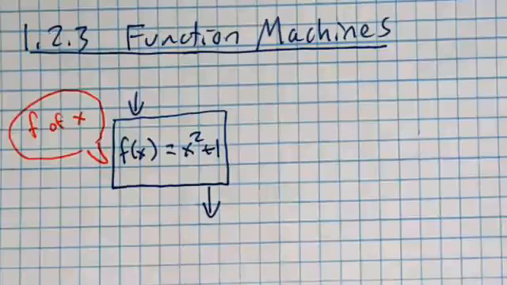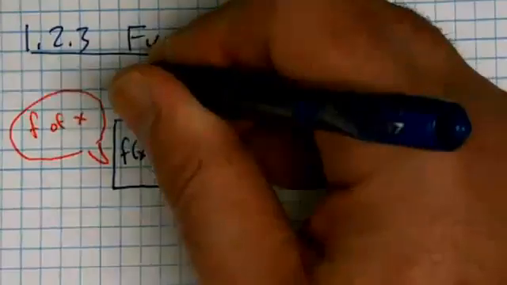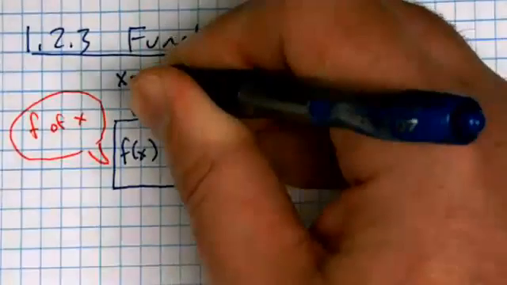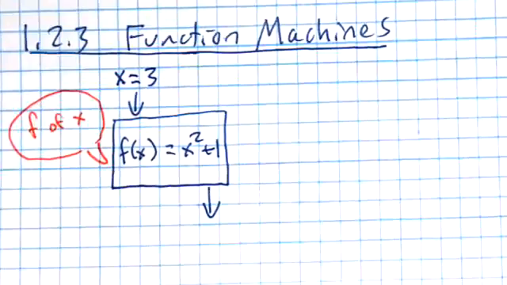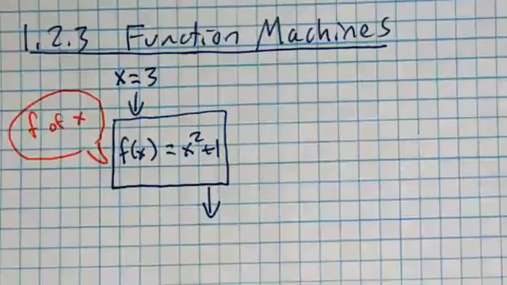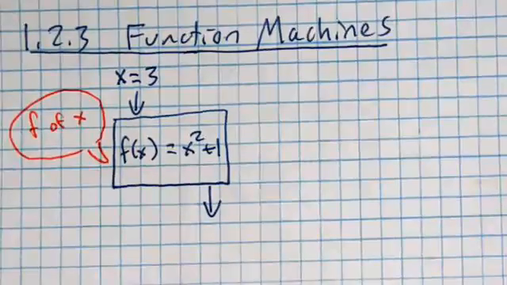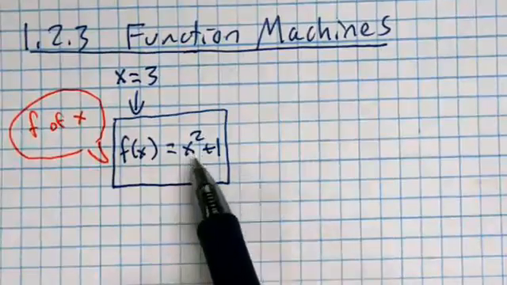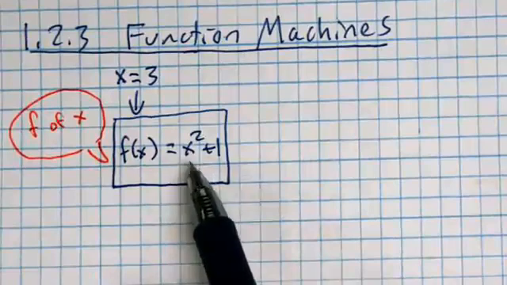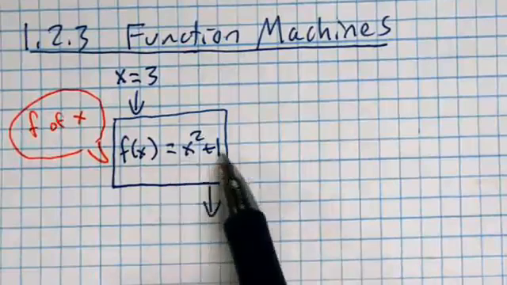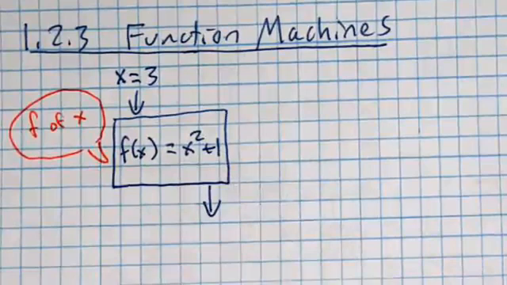All right, and what we're going to put into this machine, let's start pretty simple. Let's put in x equals 3. And let's see what we get out. So I want you to think, and please don't shout out answers. What would happen if you put 3 into this equation, x squared plus 1? If you put 3 in for x, think through that.